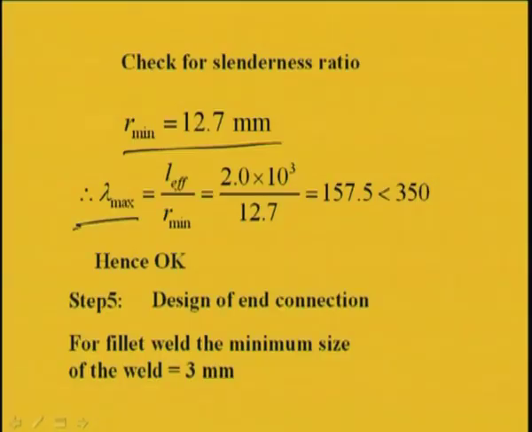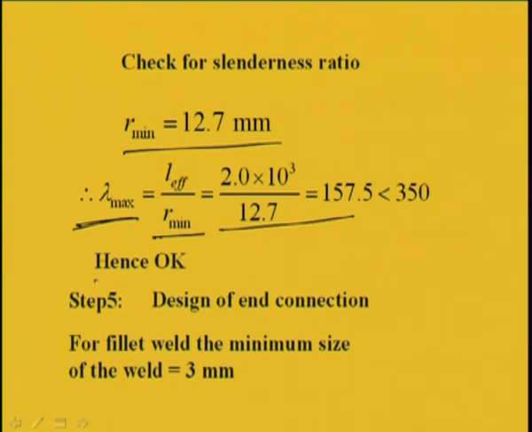So lambda max will be L effective by r minimum. This becomes 157.5, which is less than 350. That means it is safe. If it is greater than 350, then we have to increase the sectional area, that means increase the section dimensions.